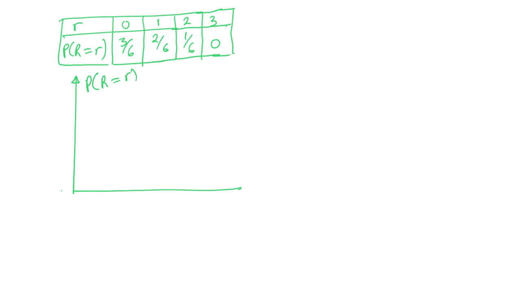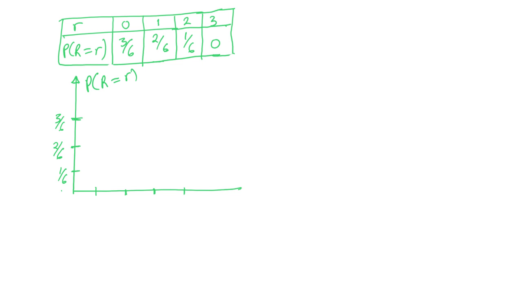Remember, they go up to a maximum of 1 out of 6, 2 out of 6, so the highest is 3 out of 6. So this is 1 over 6, this is 2 out of 6, and this is 3 out of 6. And then the values we have are 0, 1, 2, and 3.